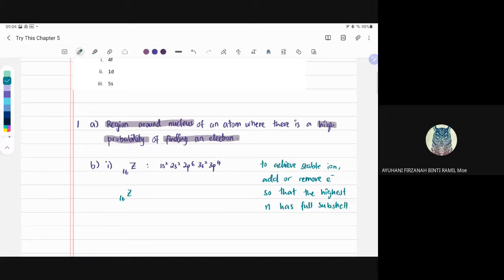Kita akan tambah elektron ataupun buang elektron supaya principal quantum number dia yang paling tinggi penuh. So kalau dekat sini kita tengok this one ada 6 elektron dekat luar ni, kita nak bagi dia penuh. Okay, so kita tambah 2 elektron. So dia akan buat 2 minus lah. So it will be 1s2, 2s2, 2p6, 3s2, 3p6.